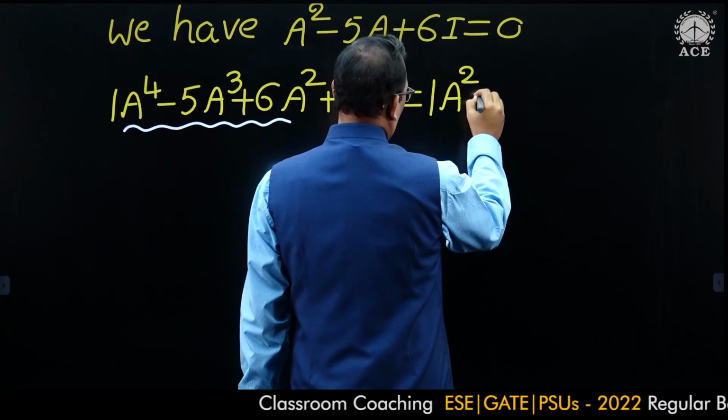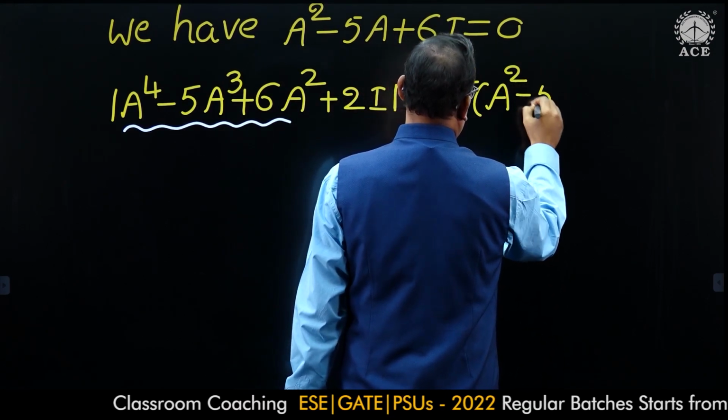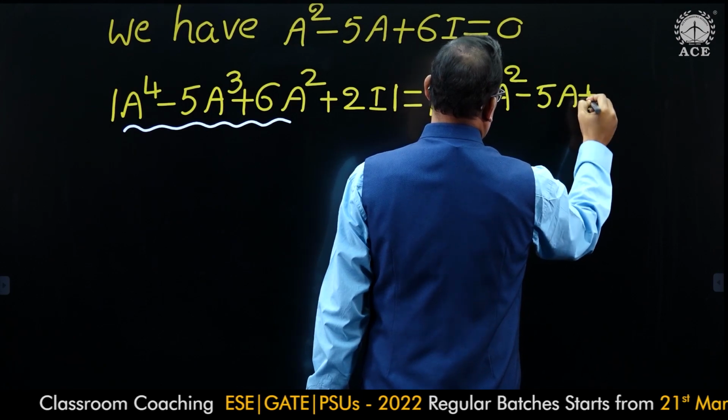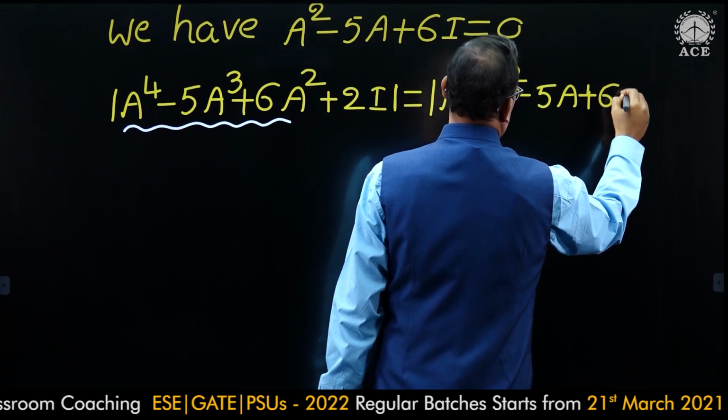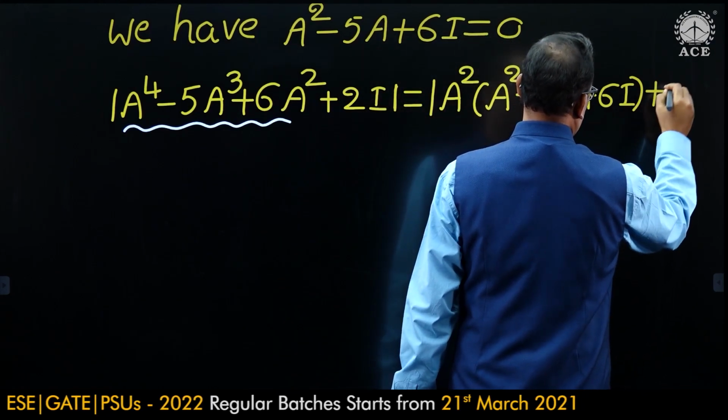A square into A square minus 5A plus 6I, plus 2I as it is.